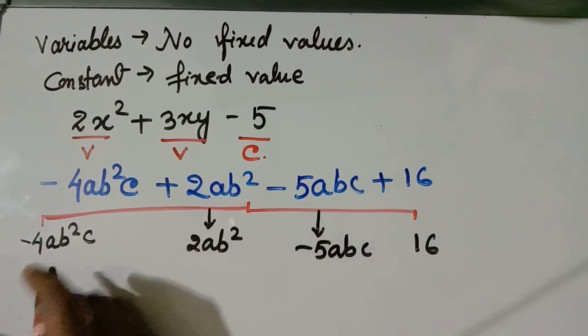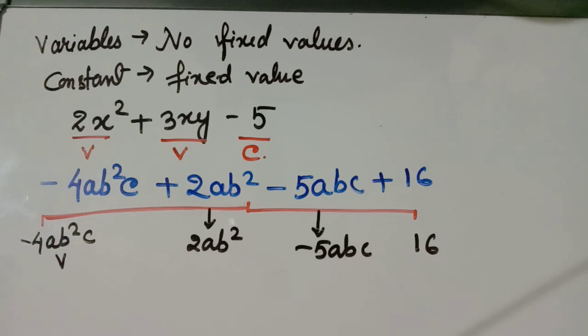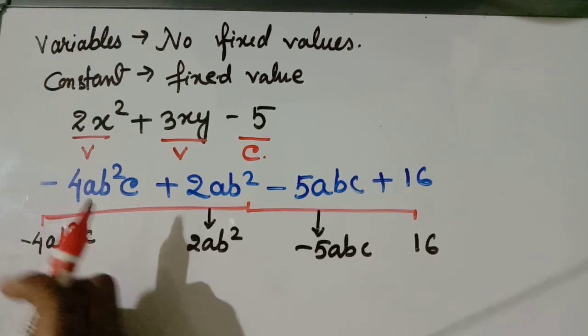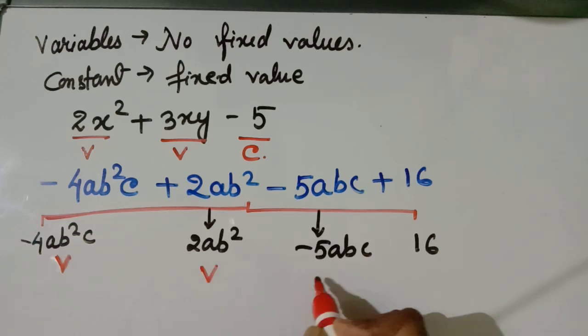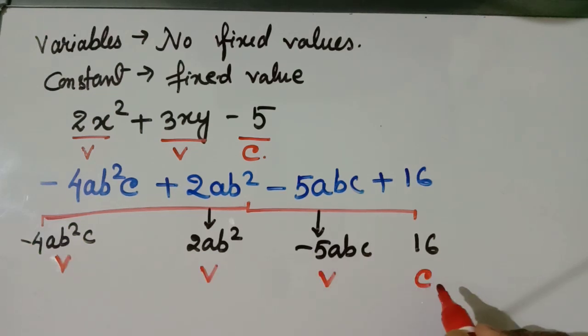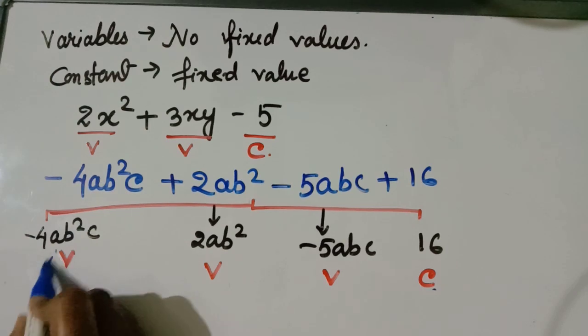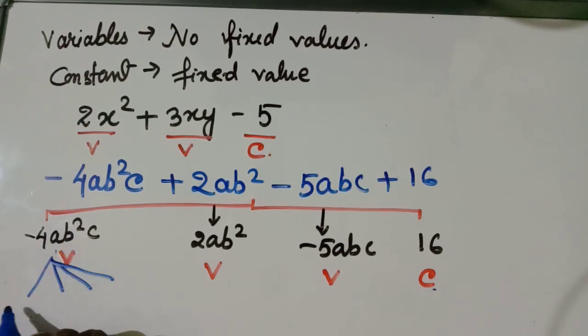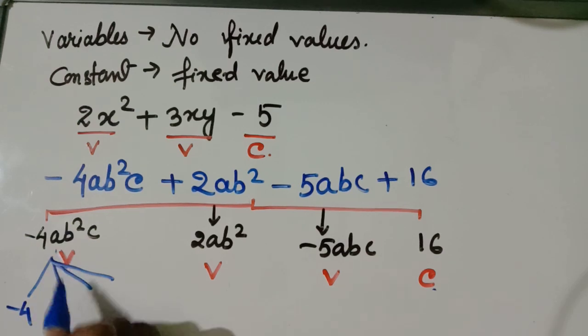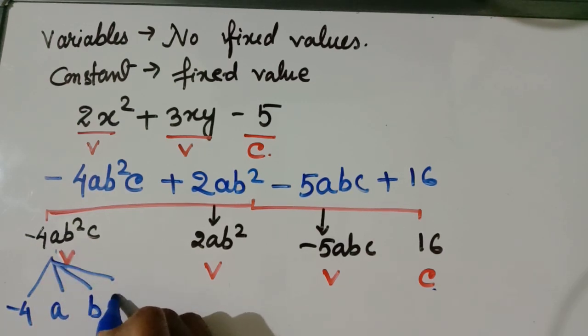These are called the variables. I am writing this with a red pen. This is variable, variable, variable, and this is constant. Now you can easily say the factors. In the first term the factors are minus 4, a, b, another b, and c.